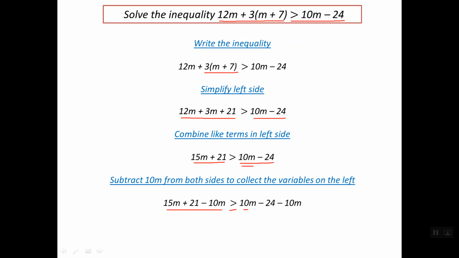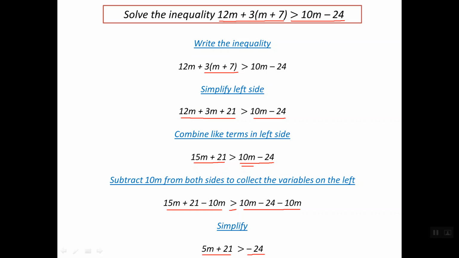The right side is 10m minus 24 minus 10m. Now we can simplify. For the left side, we have 15m minus 10m, so we have 5m plus 21. And for the right side, the 10m cancels with minus 10m, so we have minus 24 alone.